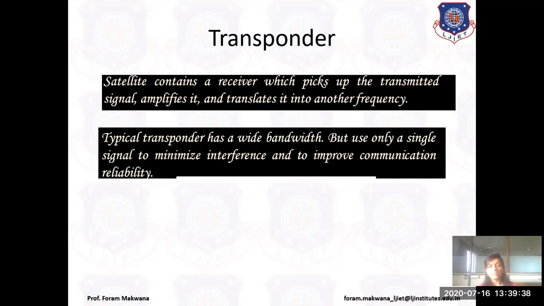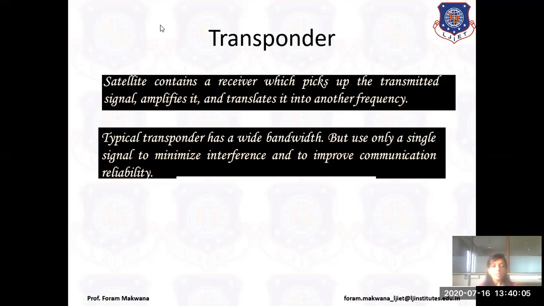Passive satellite means it will receive the signal and simply reflect back to the earth station, right? But active satellite means it receives the signal, amplifies it, and again retransmits back to the earth station. That's why a satellite which contains a receiver which can pick up the transmitted signal, amplifies it, and translates it to another frequency, right?